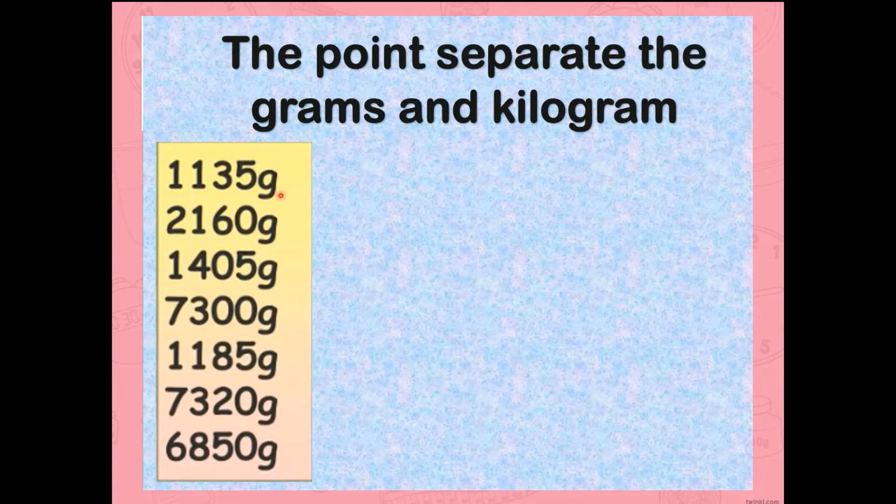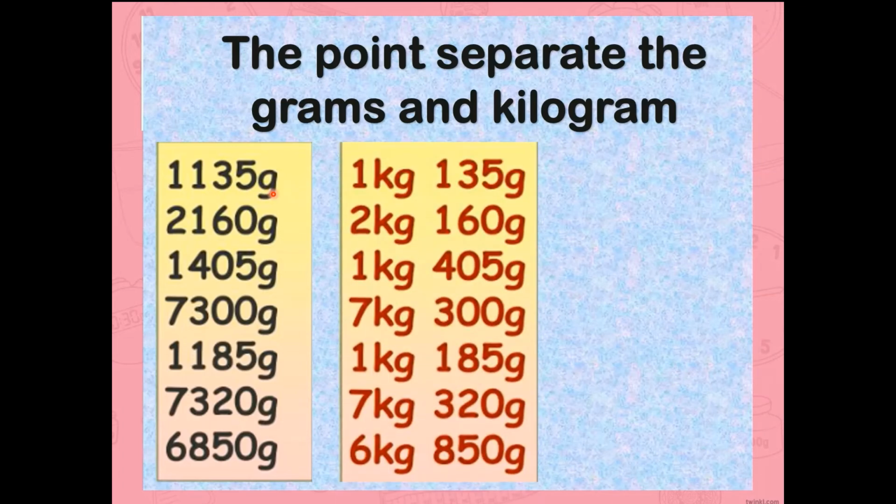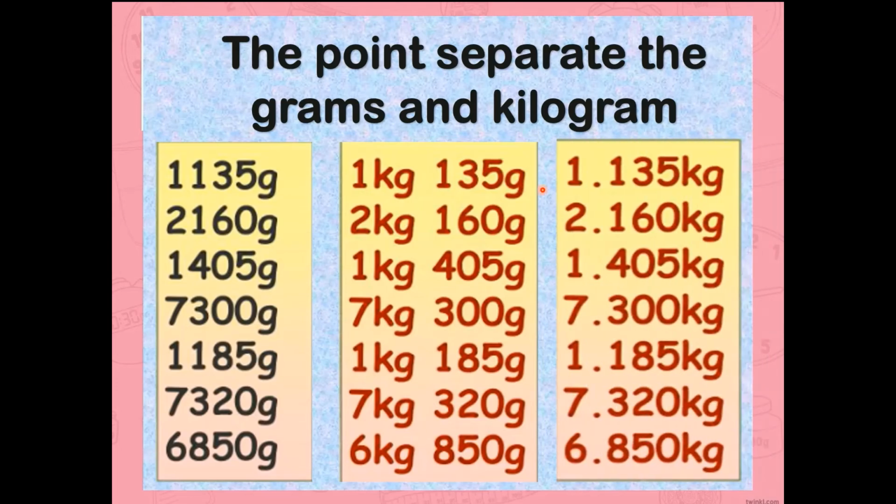This is one way to write the weight in grams, and in this way we can separate the kilograms and grams. We have 1000 grams, and we know that 1000 grams is equal to 1 kilogram. So we separate the 1000, and the remaining is our grams. Here is another way: with the decimal point, we can separate the grams and kilograms.